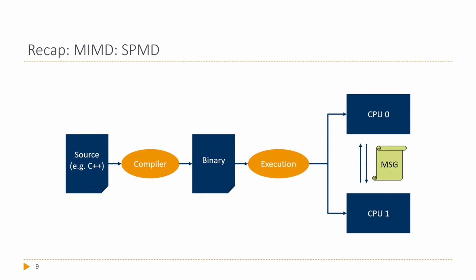The second category of MIMD was single program, multiple data, which just has a single source code. You compile it to a binary, execute it, and then it just behaves differently on two different CPUs. And this is usually the MPI case. You could also try to write programs with completely different source files that are compiled individually, but that's rarely the case.